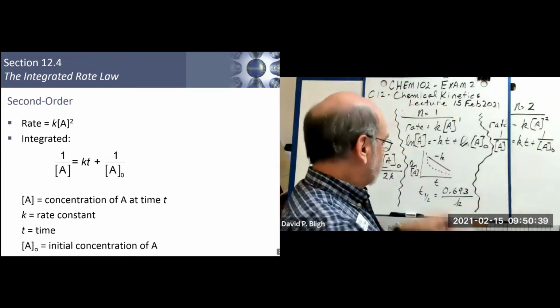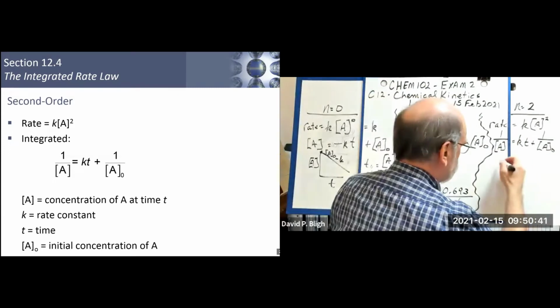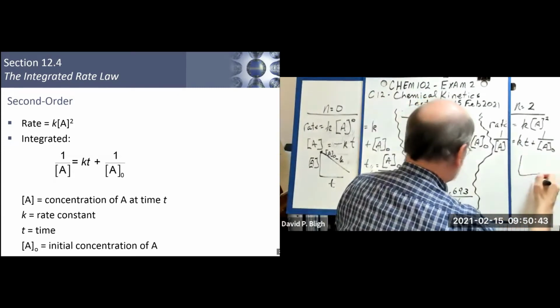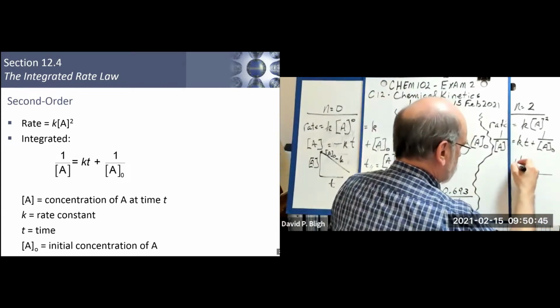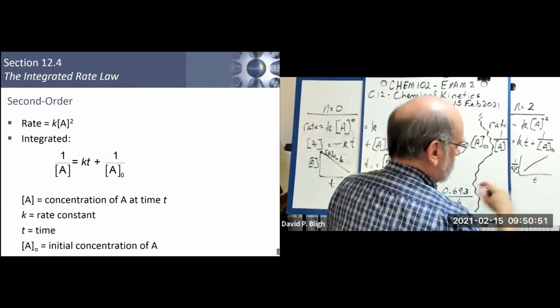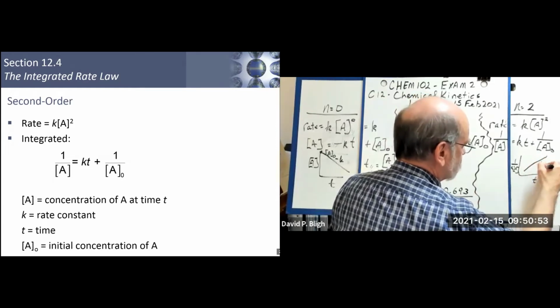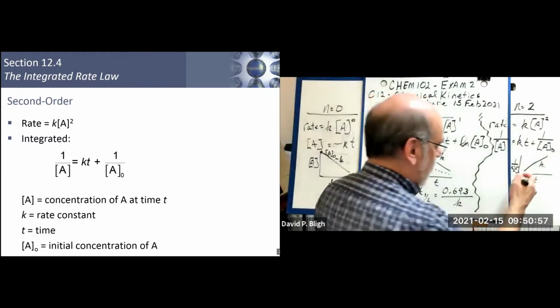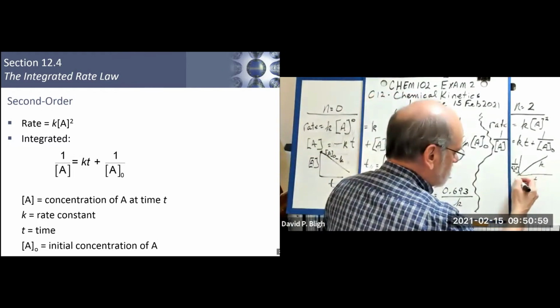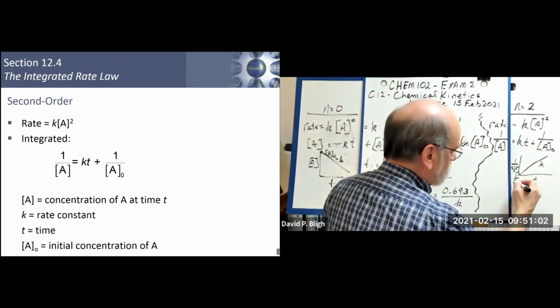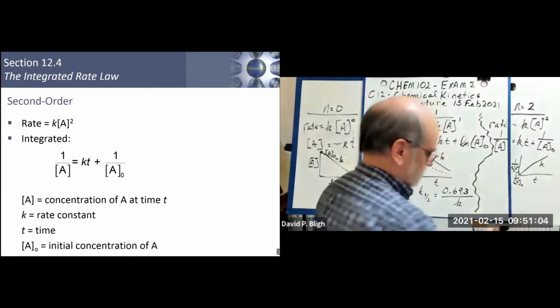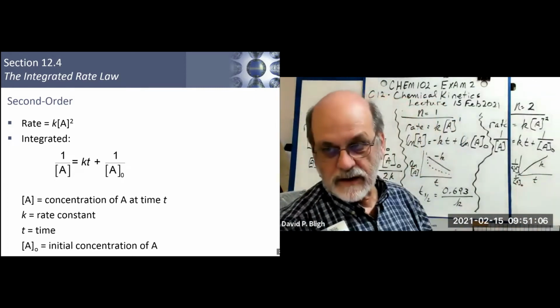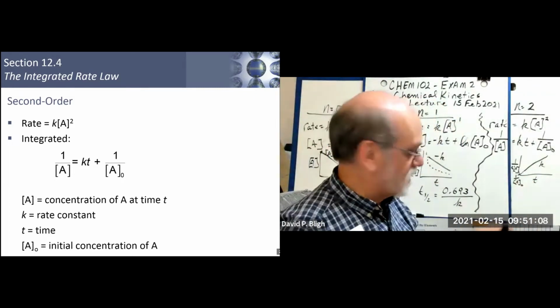Okay, and for this one, if you plot the reciprocal, you get a straight line in that direction with a K slope. Okay, and of course down here, you get 1 over A to the 0. That's kind of small, and the video may blur that out.